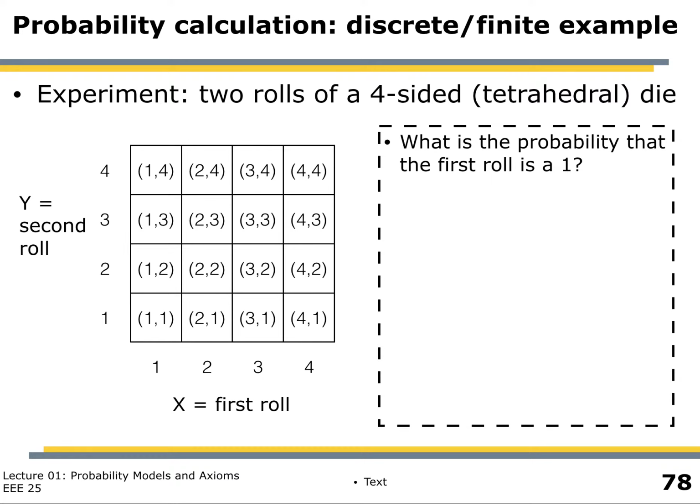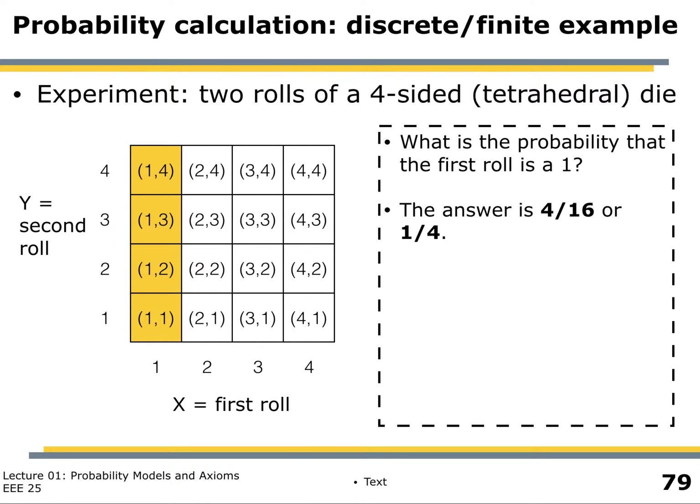Looking at the sample space right here, all the outcomes in the first row of the grid satisfy that description. So there are 4 outcomes in total, and to get the probability, all we need to do is divide that number by the number of possible outcomes in the sample space, and that's equivalent to 4 over 16, or simplifying the fraction, what we get is 1 over 4.